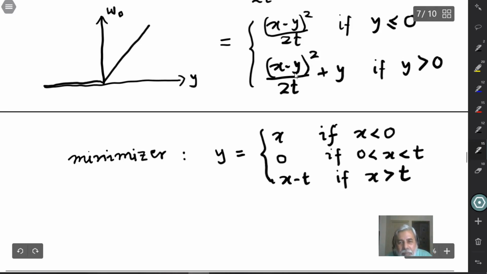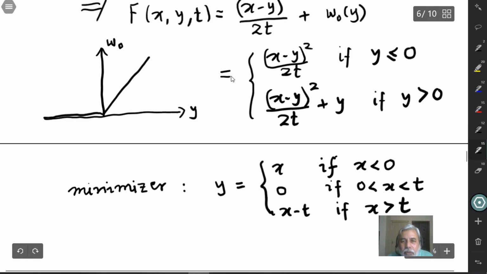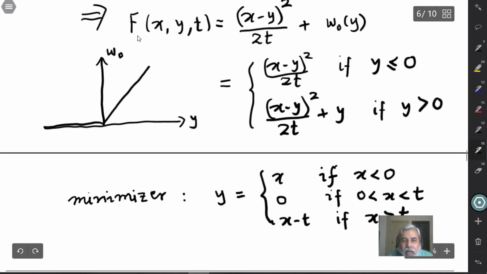Okay, so it's not immediately clear. There are two expressions for this functional f of x y t, so you have to be careful in finding the minimum of this function.